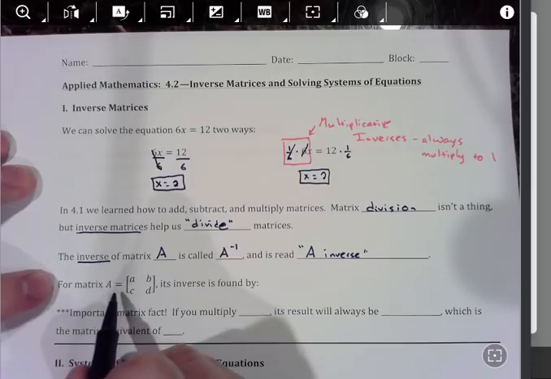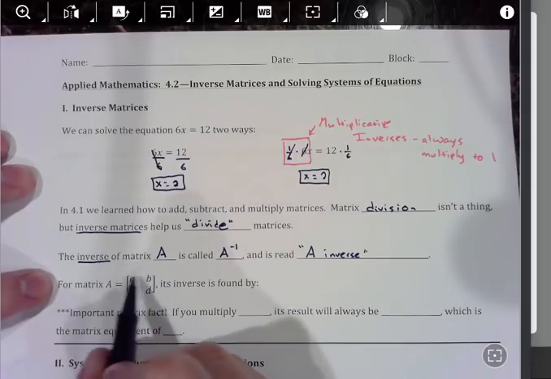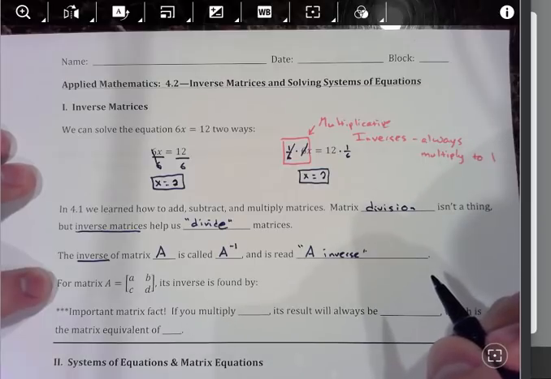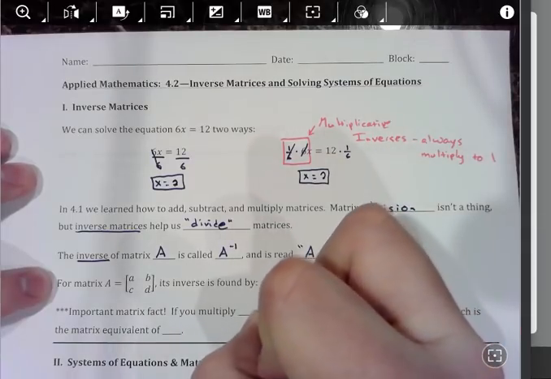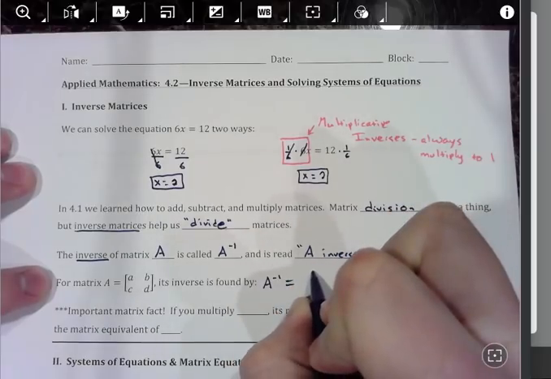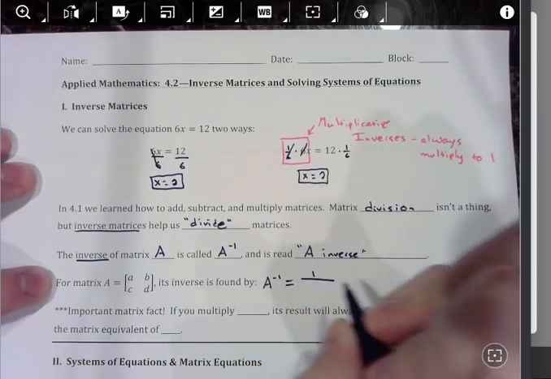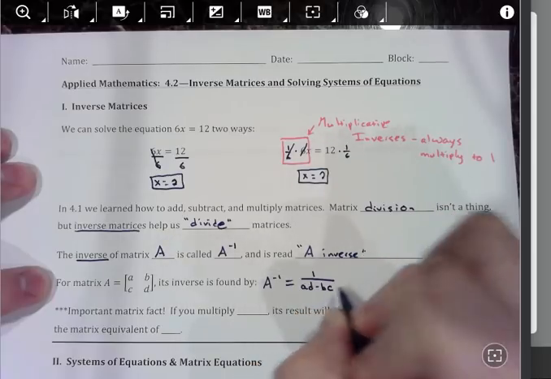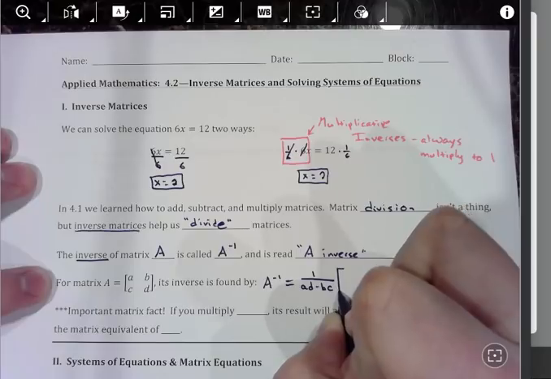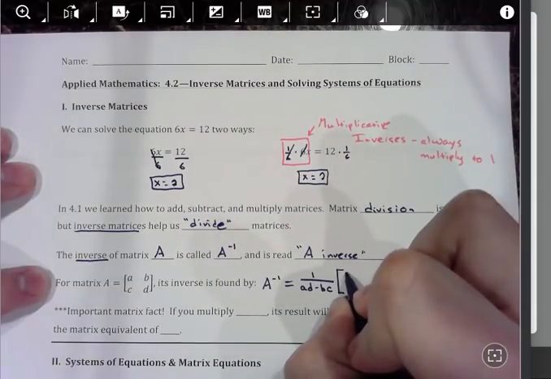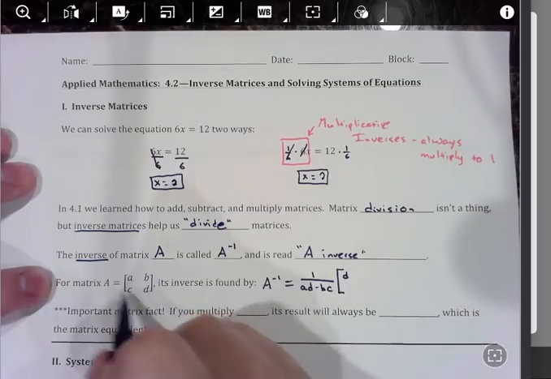But for matrix A, that looks like this, it just has 4 numbers in there, A, B, C, D, its inverse is a pain in the butt to find, because A inverse is found by taking 1 over, are you ready for this? AD minus BC, and then you take that fraction and you do scalar multiplication by the same numbers in here.